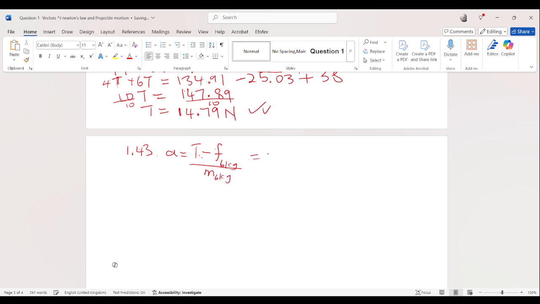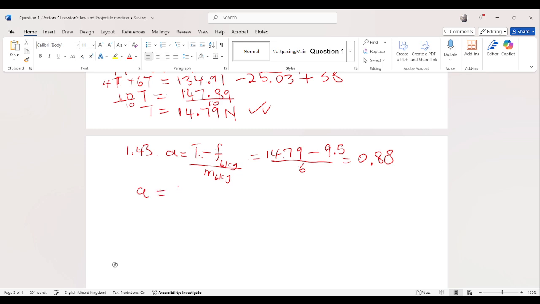So this is equals to 14.79 minus a friction of, what is it, 9.5, divided by the mass of 6. This will give us 0.88.